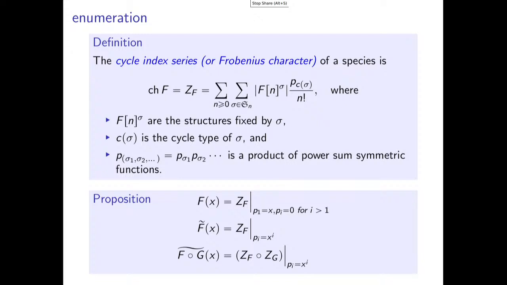Okay, and these are actually well-known specializations of symmetric functions. So this is very natural in a sense.